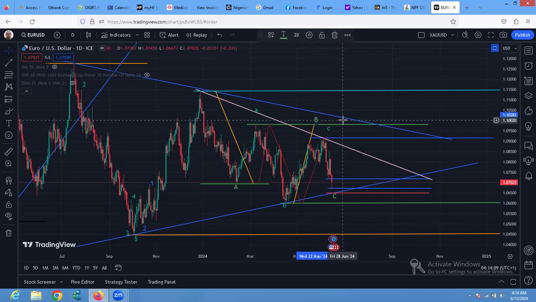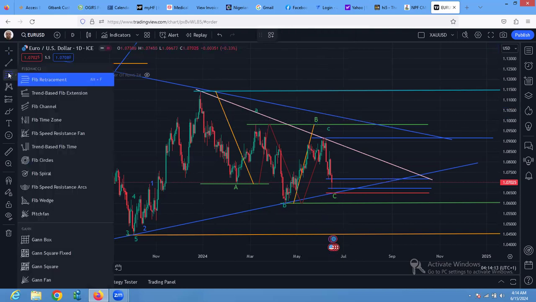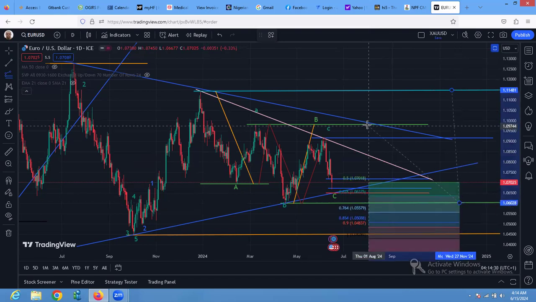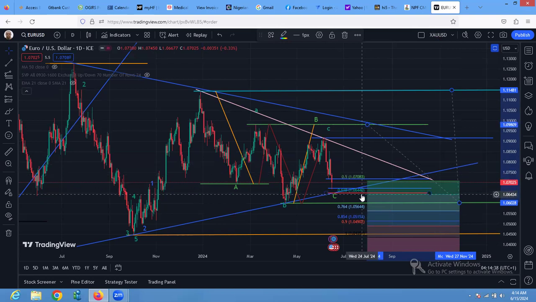So in that case, if that is what is going to be, we take our extension tools to look for a 161.8. If we start from the origin of an A and we go down to the end of a B down here, so we come back to the height of a C. The most high of a C here, we look at 161.8 is around this area.